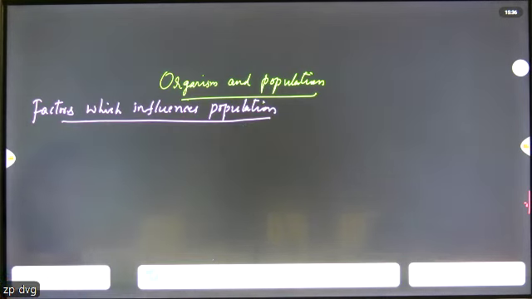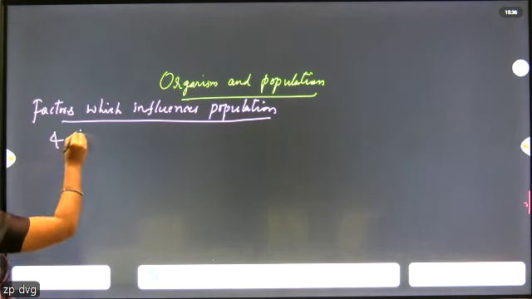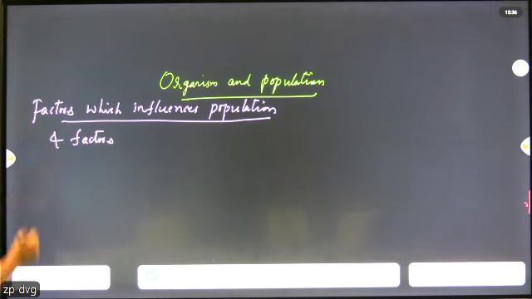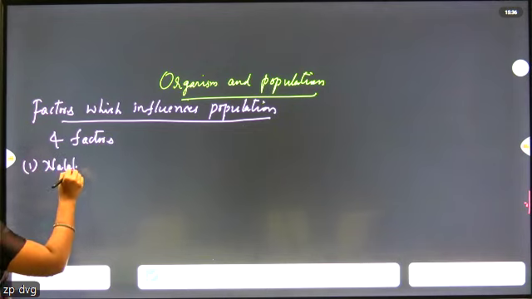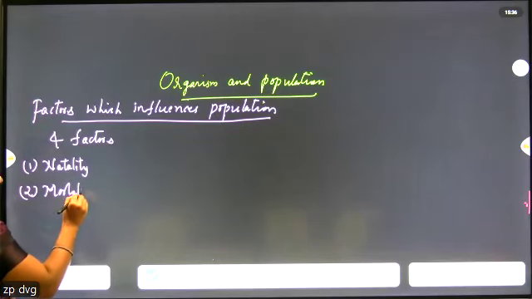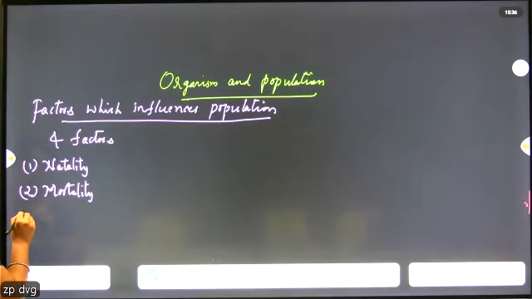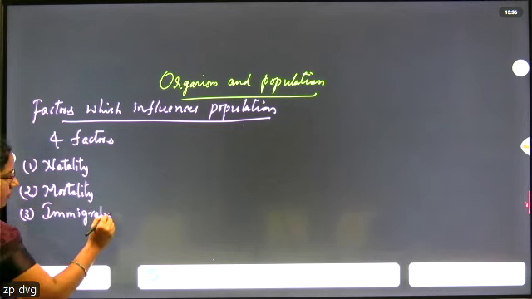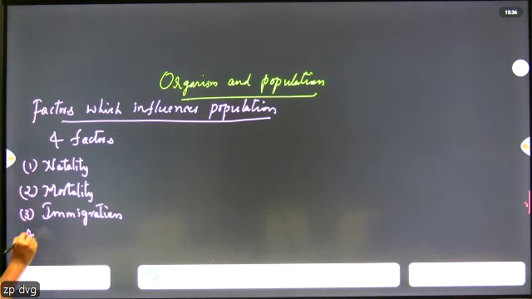There are four factors which mainly influence population. First one is natality. Second, mortality. Third, immigration. And last one, emigration.